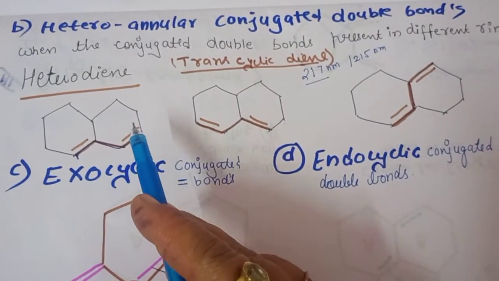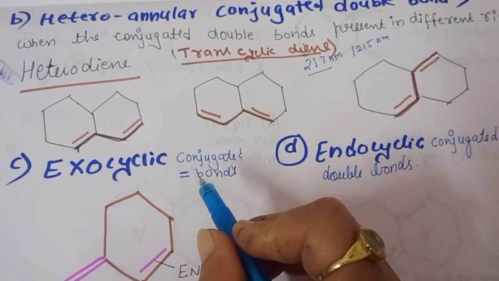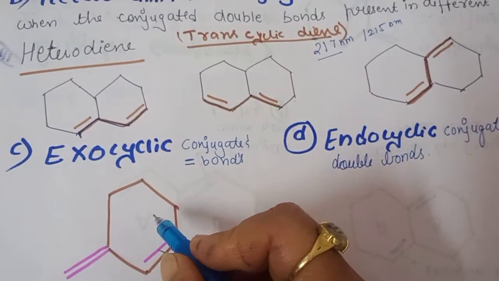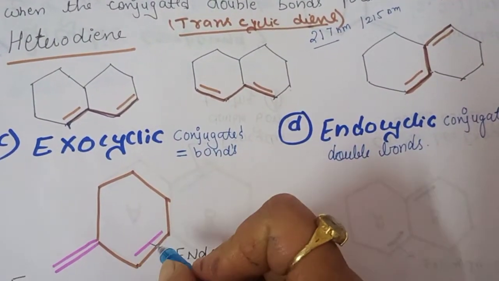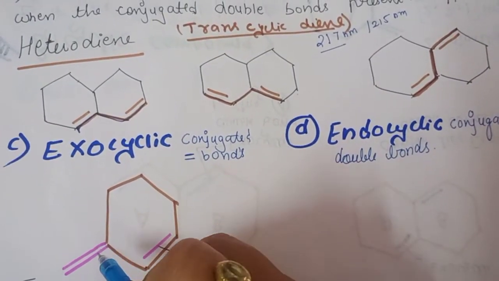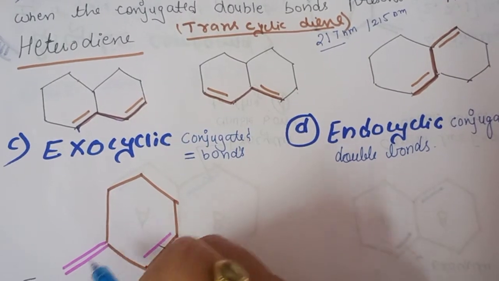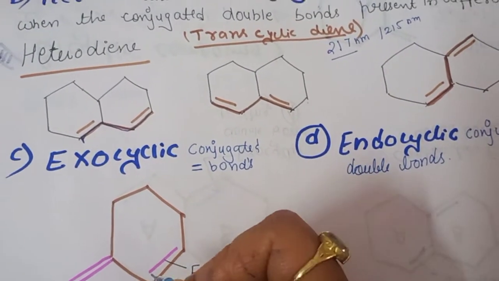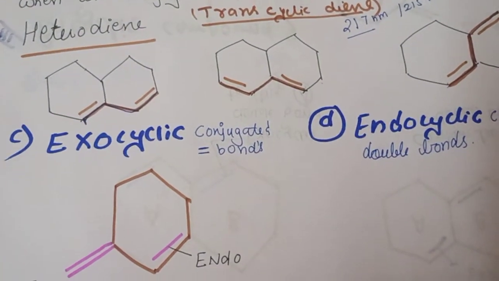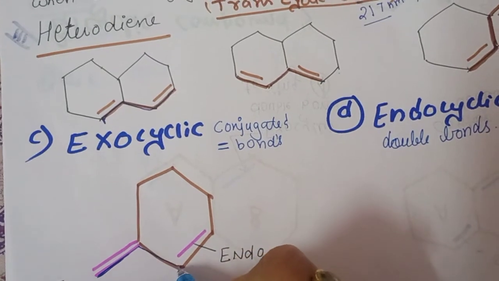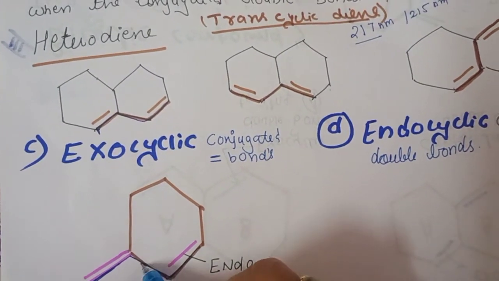Now other important terms are exocyclic conjugated bonds and endocyclic conjugated bonds. Suppose this is a ring, one bond is present inside this ring, inside the cycle, and the other is present outside it, one inside and one outside. Just imagine again, is it our butadiene form? You can see from here, can it be the trans form of butadiene?